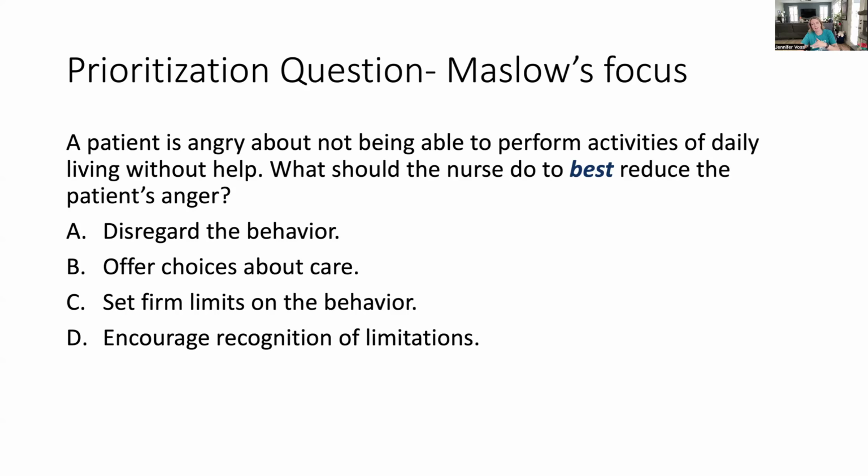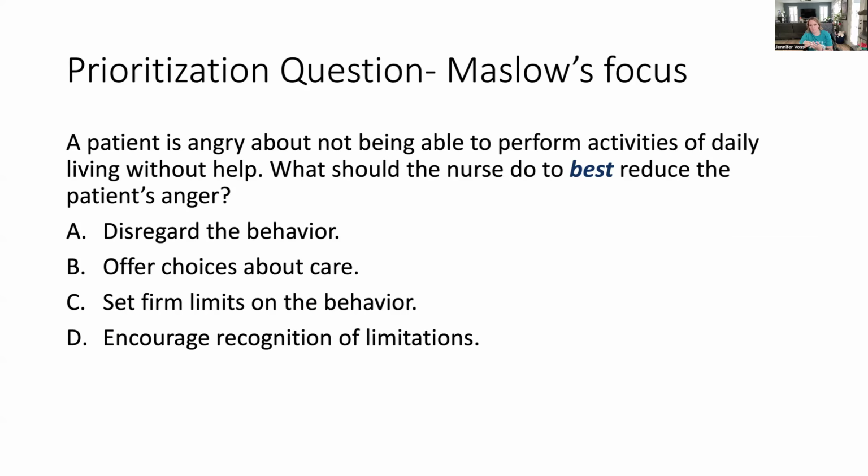All right, so we're not going to have an ABC or CAB option here, right? This is about those patient-centered needs. So disregarding the behavior, well, that's not going to work. Offer choices about care, set firm limits on the behavior, encourage recognition of limitations. Now we're thinking, where is this going to go on Maslow's? This is probably going to be self-esteem, right? And what can I do to empower my patient?